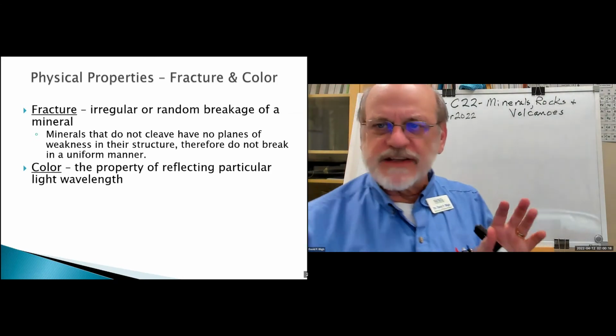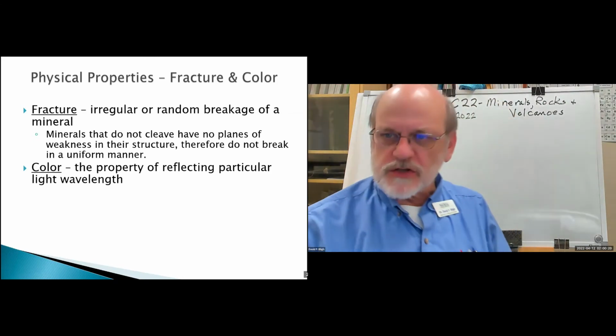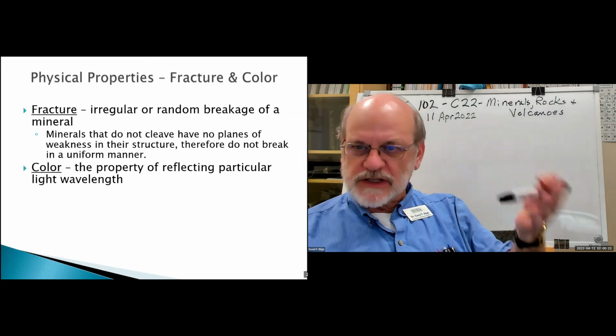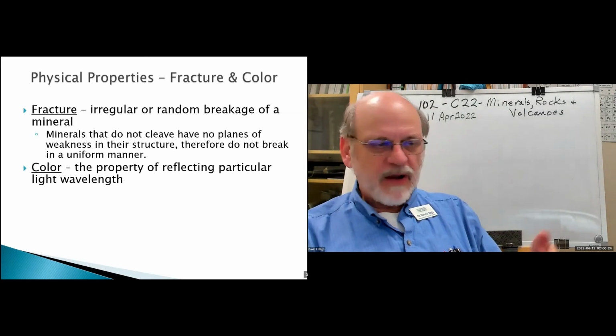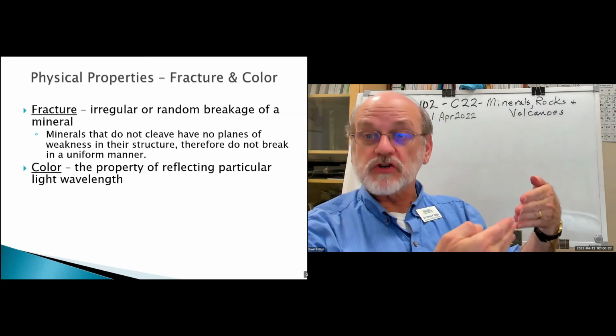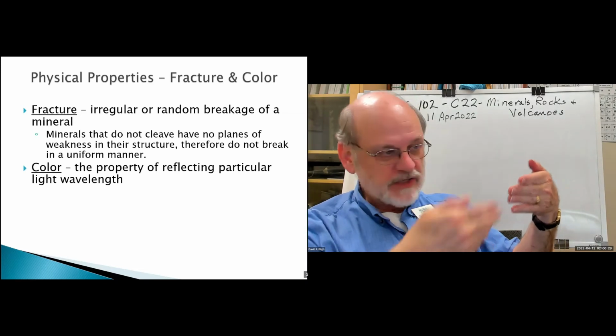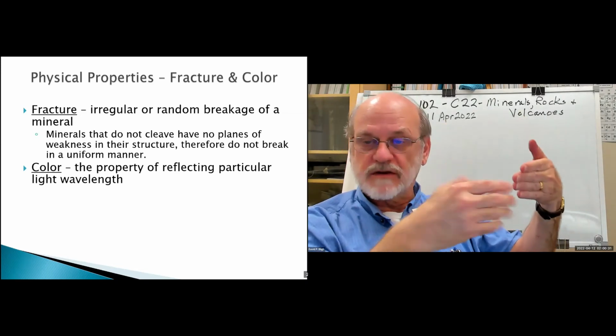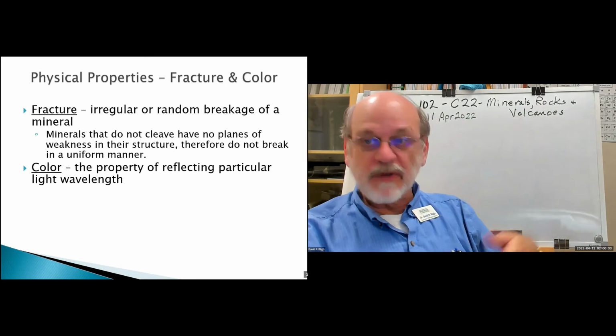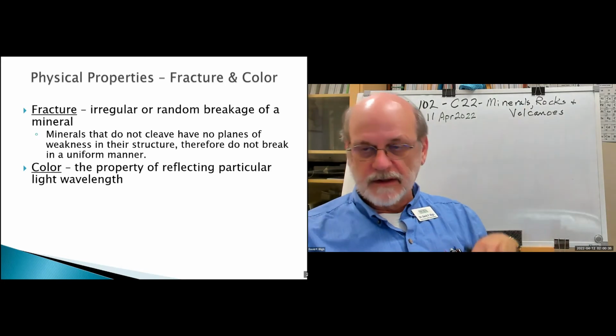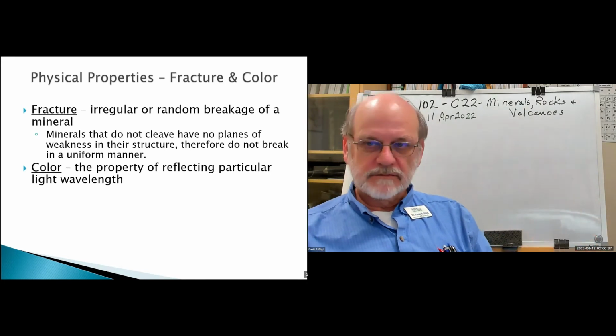Now, there are two ways to investigate color. You can do it simply by visual inspection, comparing the minerals side by side to a color chart with different colors, and you move it until it matches. And then there may be a code associated with it. We use one of those with soils.